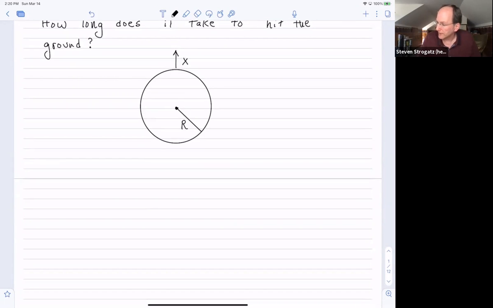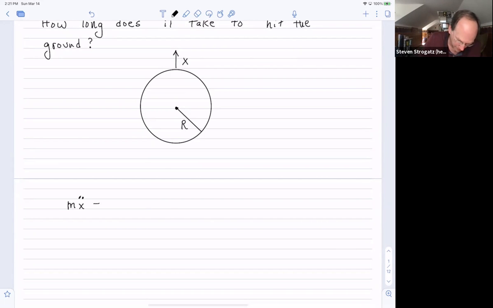It would look something like this. If we're going to write F equals ma, so ma would be m x double dot, in the coordinates I'm using, where x is the distance from the surface of the Earth. That's shown in this little diagram. So dot meaning time derivative.